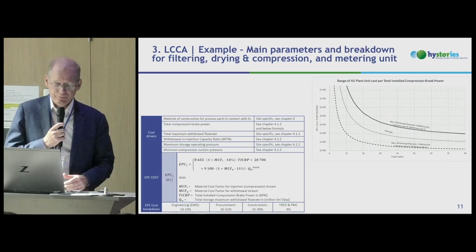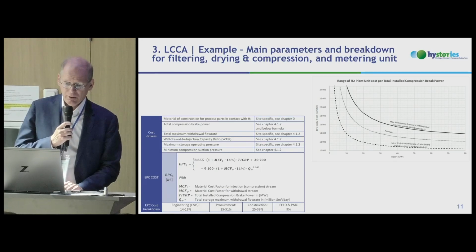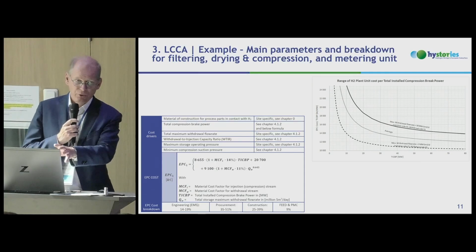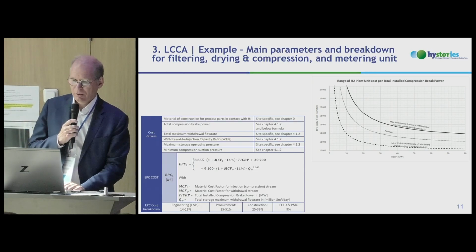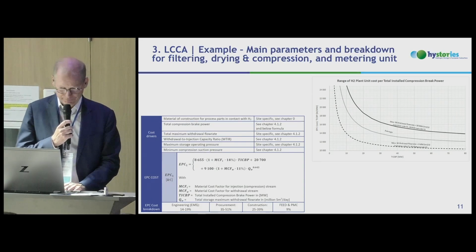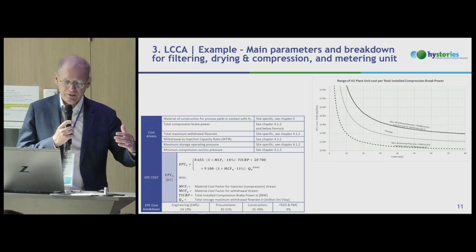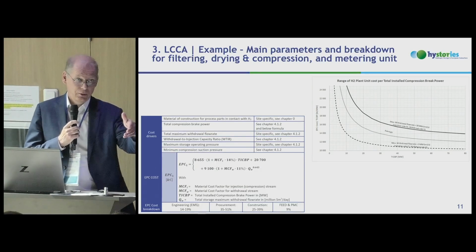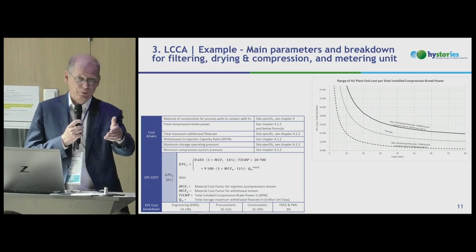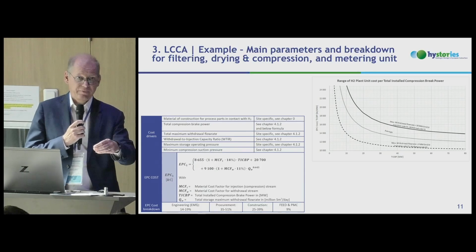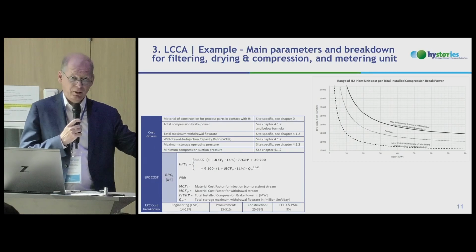The results: before showing the global results, one example, but everything is built on the same logic. One example, which is the main parameters and breakdown for the filtering, drying, compression, and metering unit. This ends up with some general formulas. Those formulas, you can find them in the report, so each of you can inject them into an Excel file and build the global model.